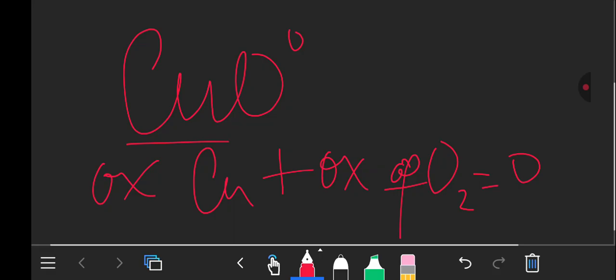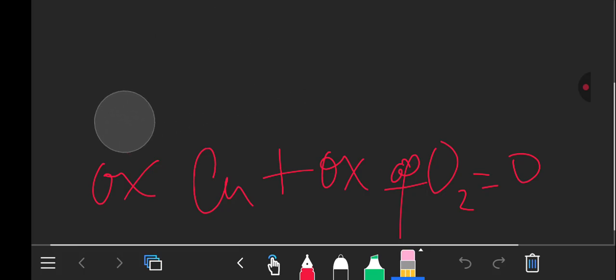So how can you now calculate the oxidation state for copper? This is how you can do it. One thing you need to understand here is that the oxidation state for oxygen is just -2. I can give you some other oxidation states. For copper in this case, you need to know just +2.